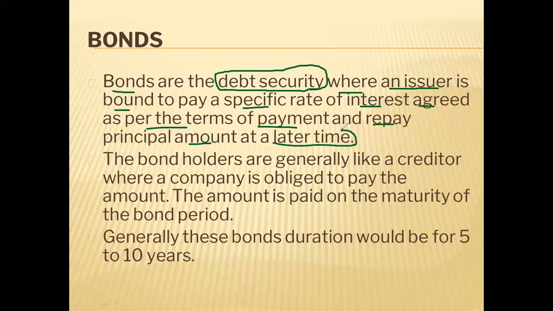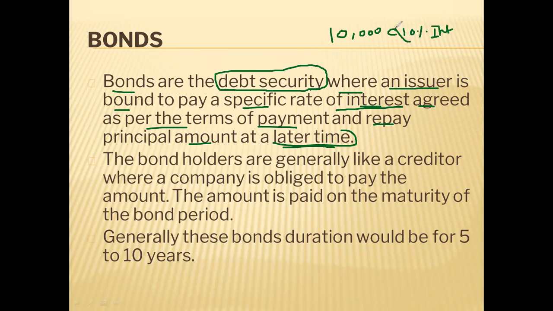So if you're investing in a bond, regular interest will be given to you, the investor, and you will get the amount back after the specified period. Suppose you are investing 10,000 rupees in bonds at 10% interest. What does that mean?